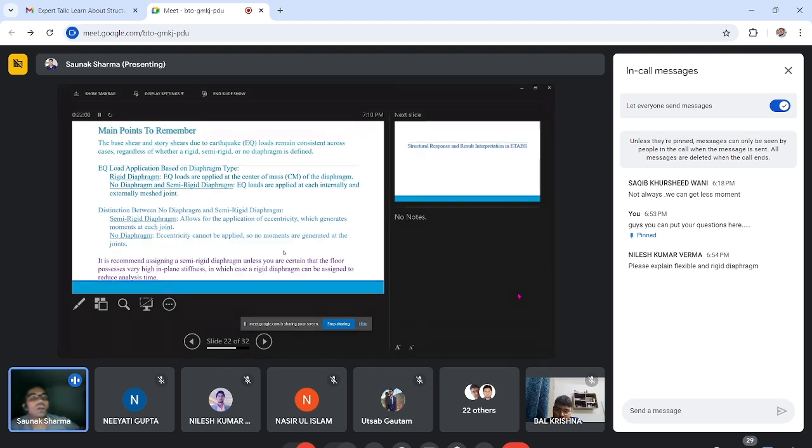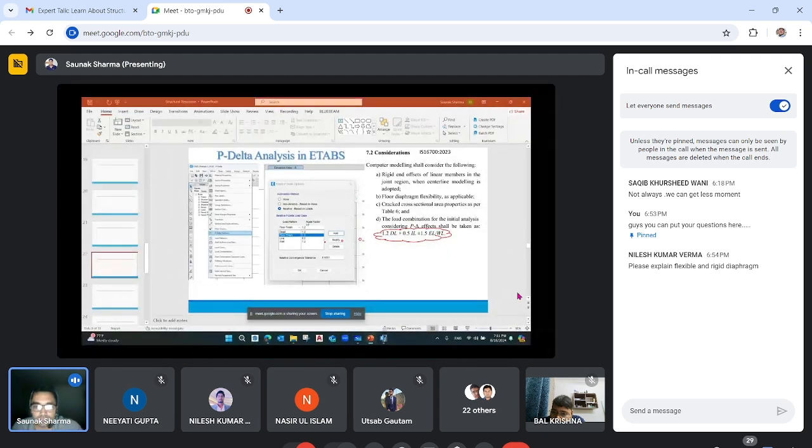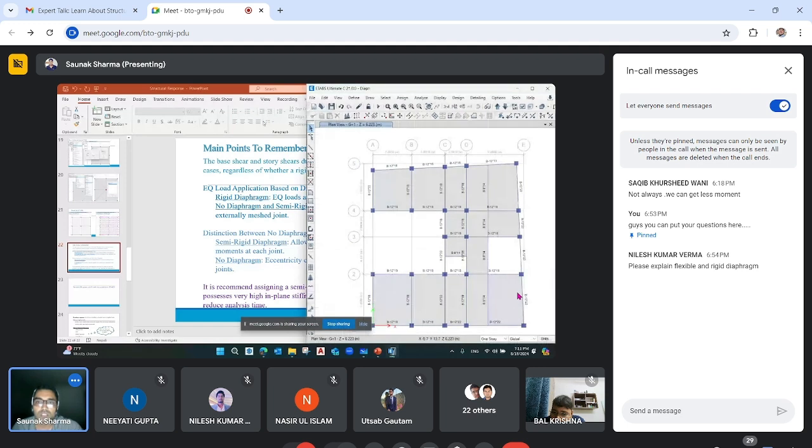Now, in practical problems, sometimes what happens is there is a lot of opening in the building, in the floor, and I'll just try to demonstrate another part. I'll show you ETABS here. Like here, there is a total void.